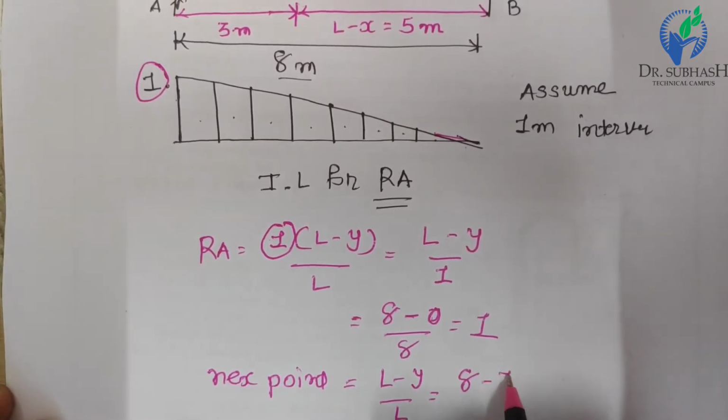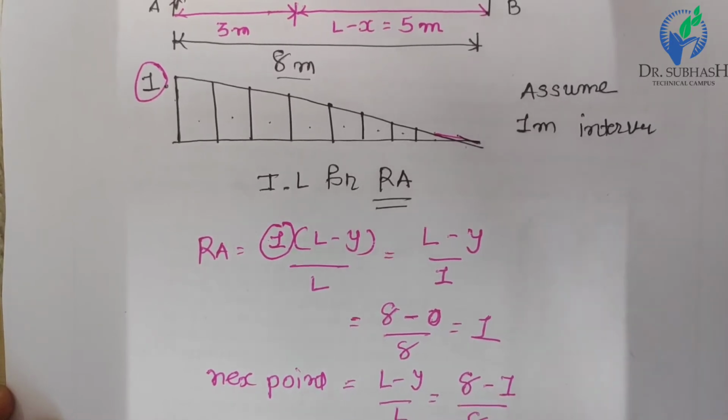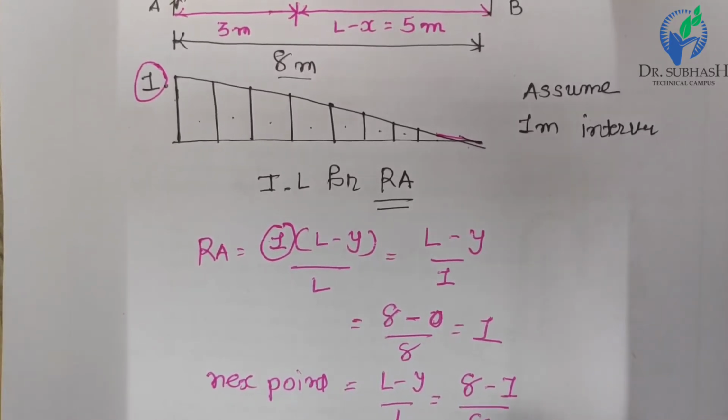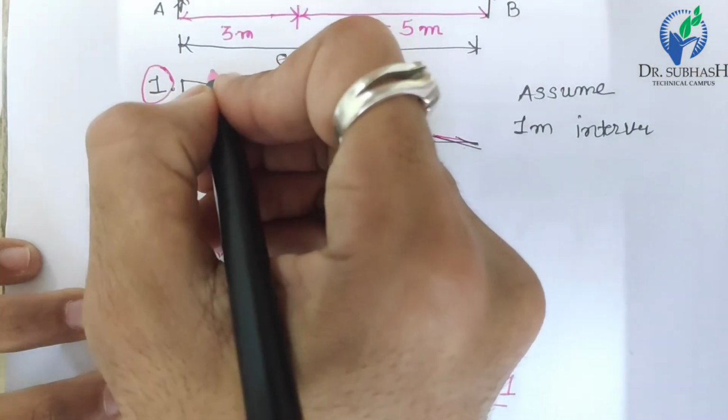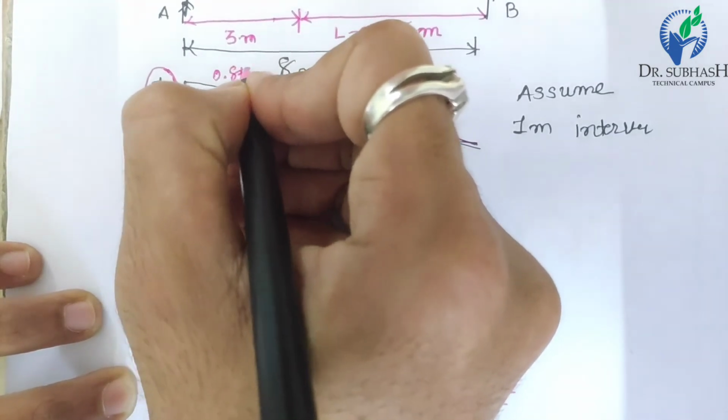So 8 minus 1 divided by 8 means 7 by 8, which is 0.87. So the next point is 0.87.